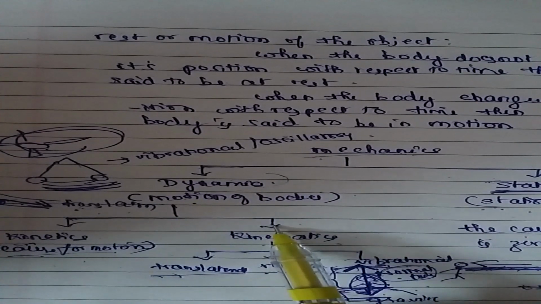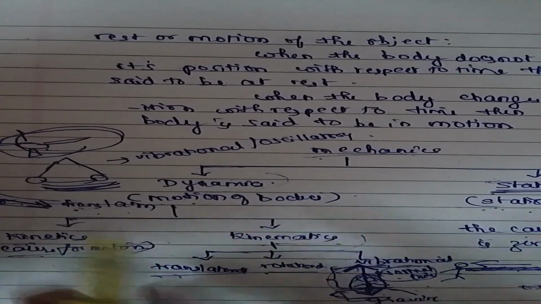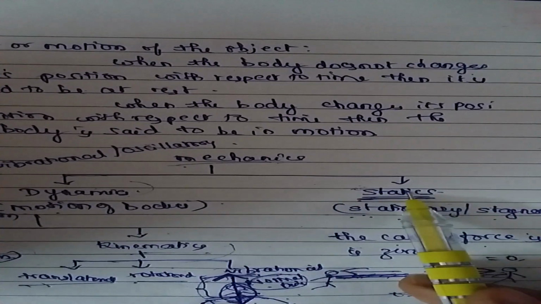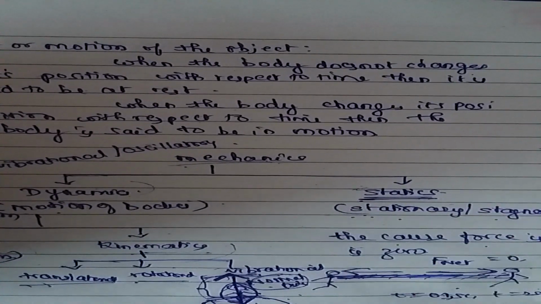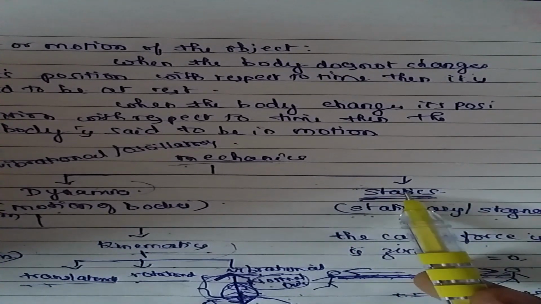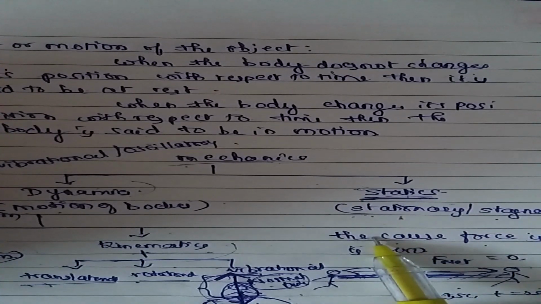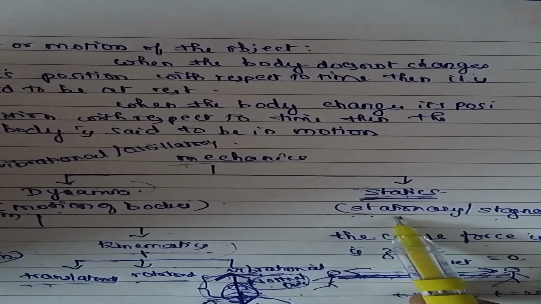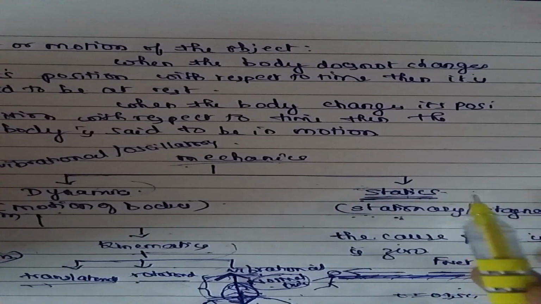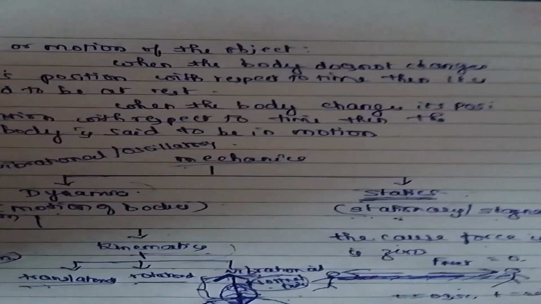So in dynamics we study the types of motion as well as the cause of motion. In statics, we also study the body at rest and the cause for it: what forces act on the body to keep it stationary, or at rest. That we study under the branch of statics.